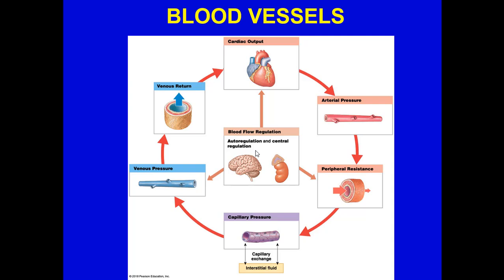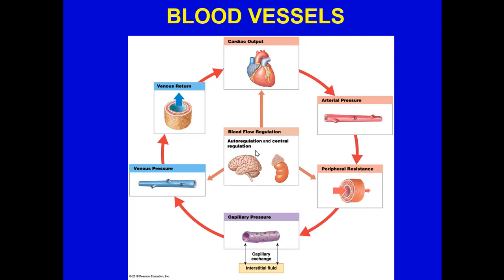Cardiac output would play a role in affecting arterial pressure. Pressure would also be influenced by peripheral resistance. If I vasodilate, my peripheral resistance drops. If I vasoconstrict, my peripheral resistance increases.